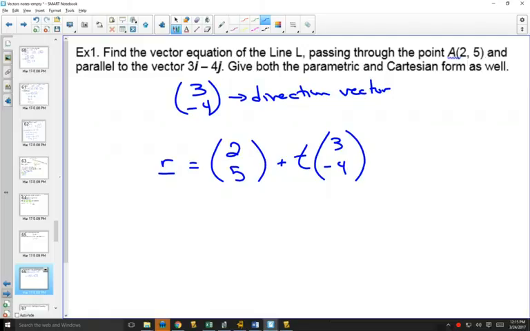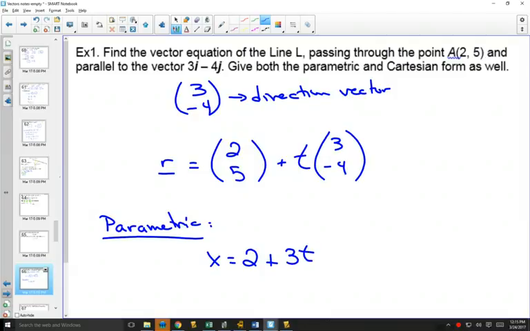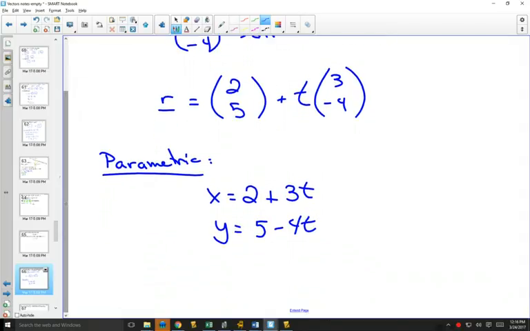So then taking this, we can write our parametric form, where you look at your x coordinates and you look at your y coordinates. And finally, our Cartesian form.